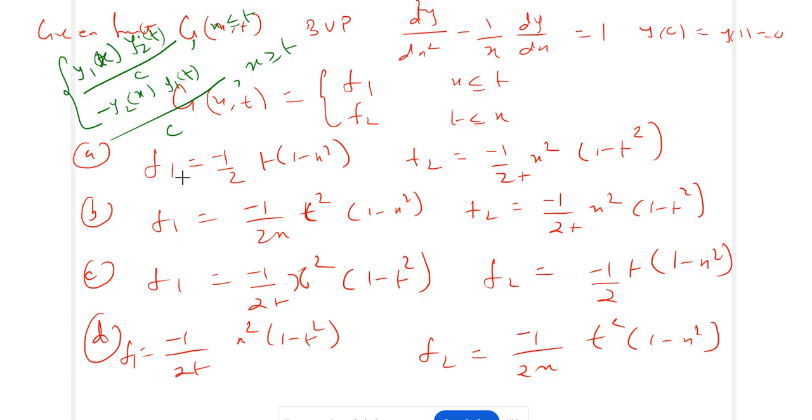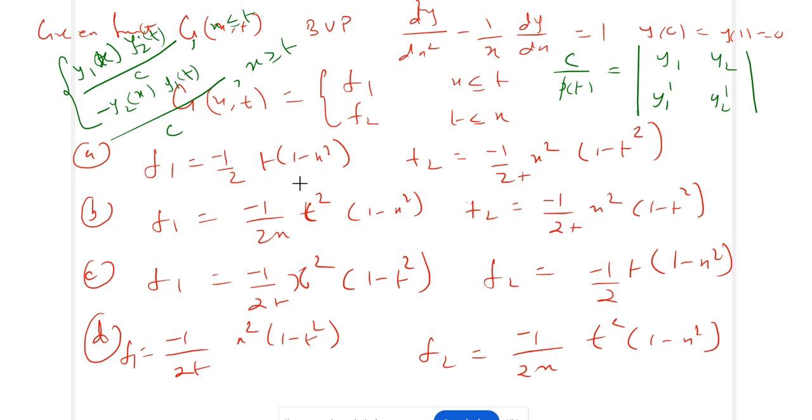C is called the Wronskian, that is c by p of t. c by p of t equal to the Wronskian of the corresponding solutions, that is, the Wronskian y1, y2, y1 dash and y2 dash, of t.